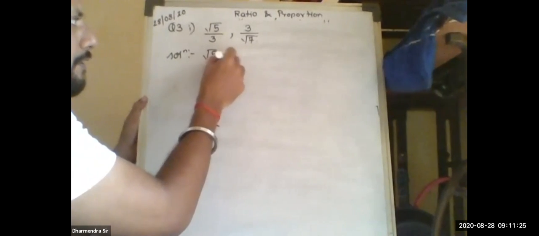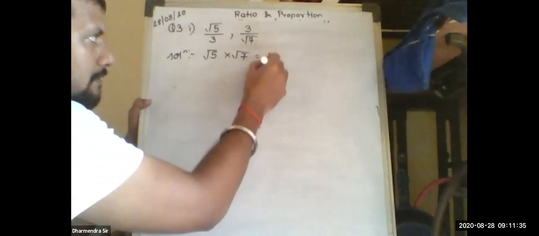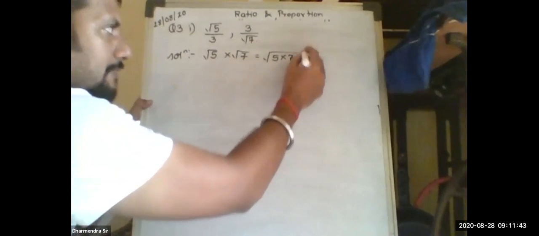we need to do comparison. So better find root 5 into root 7. Root 5 into root 7. This is of the type root A into root B. So this is root of 5 into 7. Just give the reason, in case you have forgotten what I explained earlier.